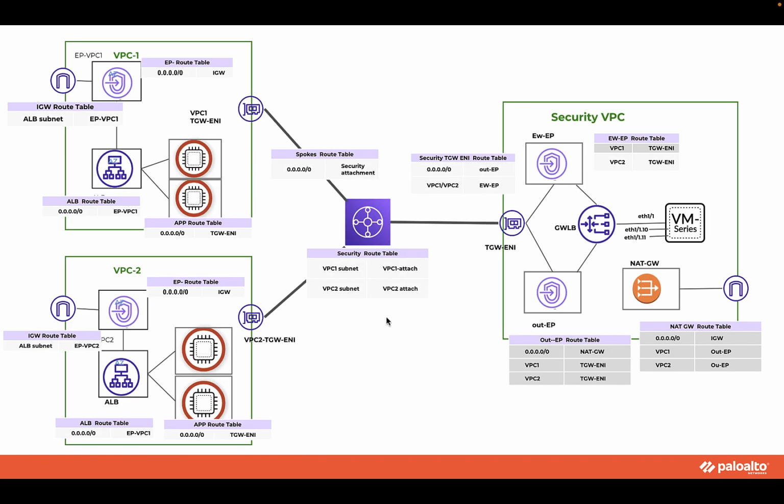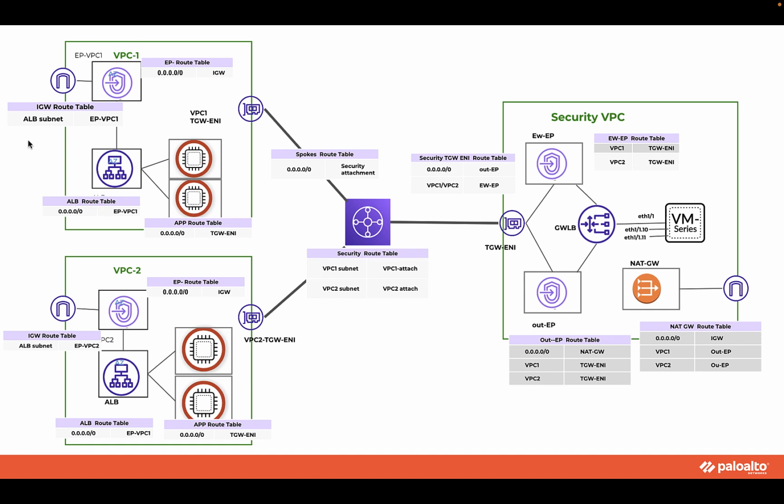Till now, we created 3 VPCs with applications, load balancers, endpoints, transit gateway. In the security VPC, we configured the gateway load balancer behind the VM series firewall with sub-interfaces, and we configured the endpoints in the security VPC as well.